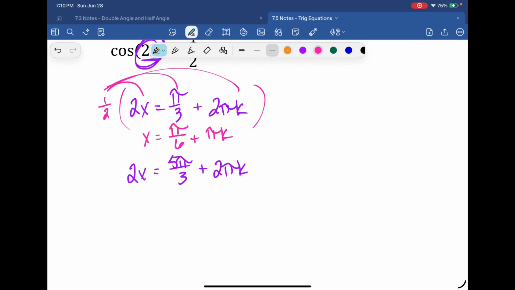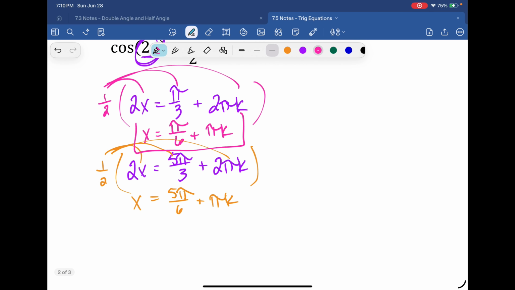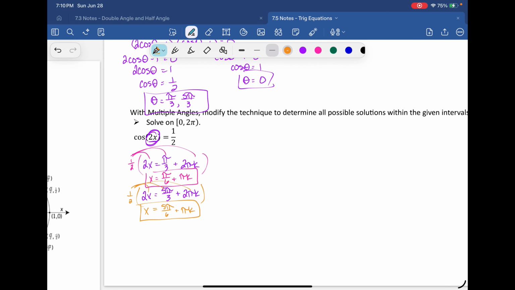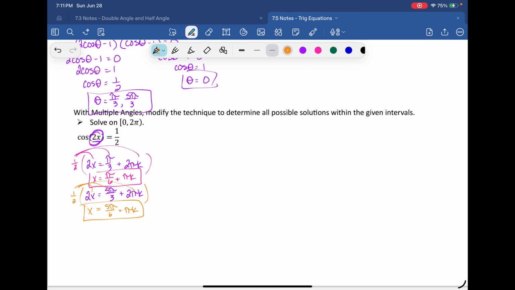We do the same thing on this one. Distribute. Distribute, that's 5 pi over 6. Distribute pi k. So these two give me all solutions. This is what I would do if that's what it's asking me to do. All solutions. Okay, it's not how I would solve this.